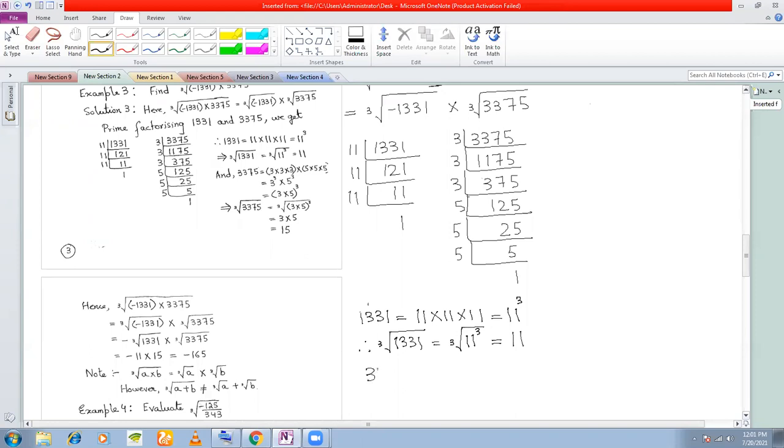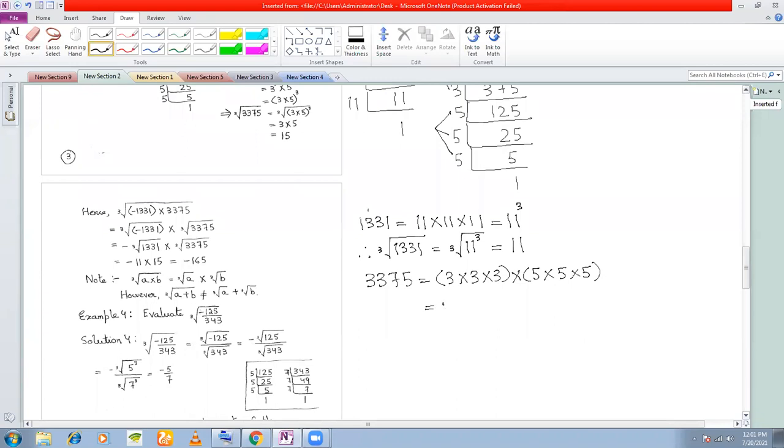Similarly, 3375 can be written as 3 into 3 into 3. That is one triplet. Another triplet is 5 into 5 into 5, which is equal to 3 cube into 5 cube, which is equal to 3 into 5 whole cube.